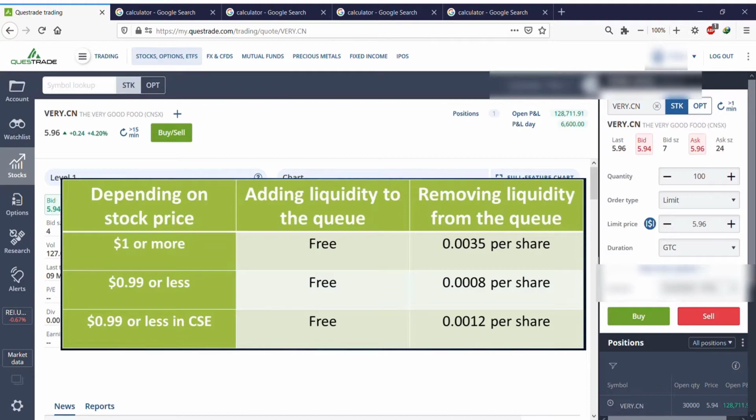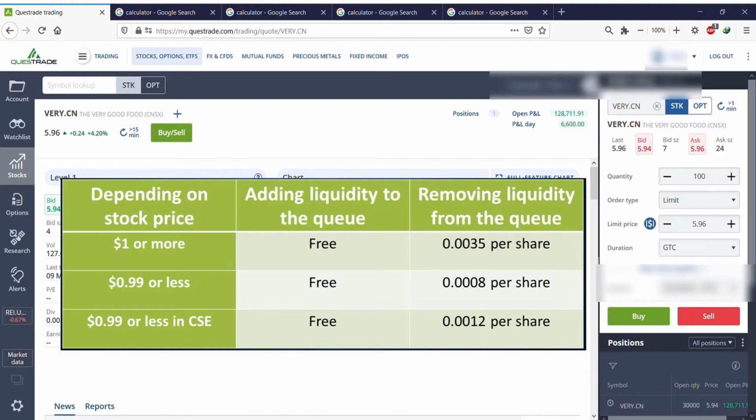If the stock price is 99 cents or less, it is 0.0008 for every share. And if the stock is listed on the Canadian Securities Exchange, I mean there is like .cn at its ticker symbol, and the price is 99 cents or less, then you're going to be paying 0.0012. Okay.